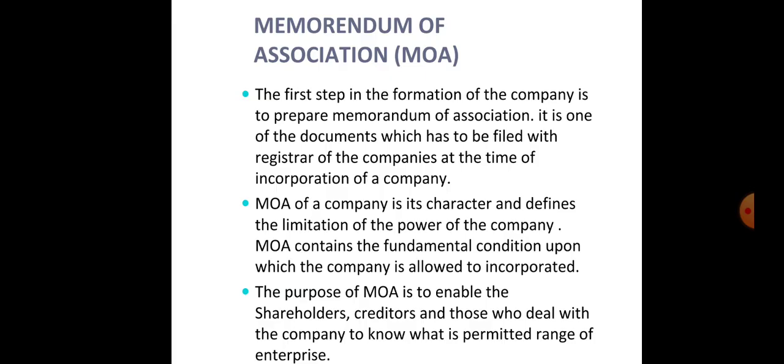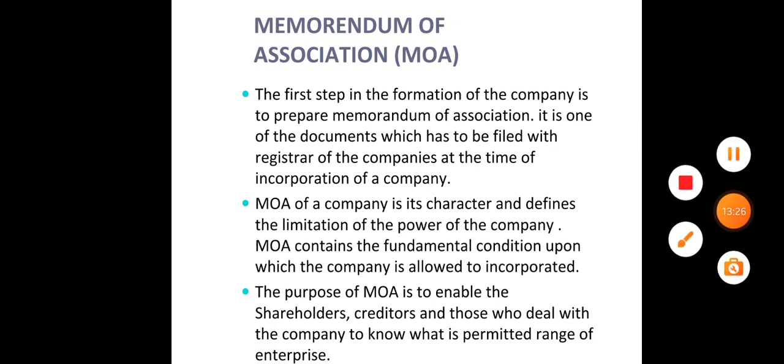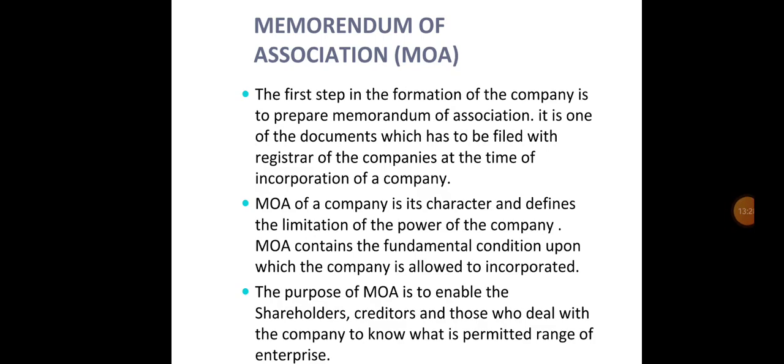Now let us understand two important key aspects, MOA and AOA. MOA means Memorandum of Association and AOA is Articles of Association. As with private and public companies, we need to know the difference between these two. The first step in the formation of a company is to prepare the Memorandum of Association.